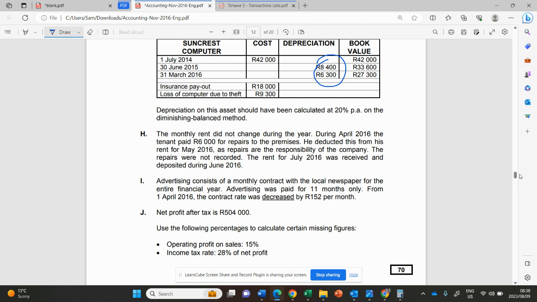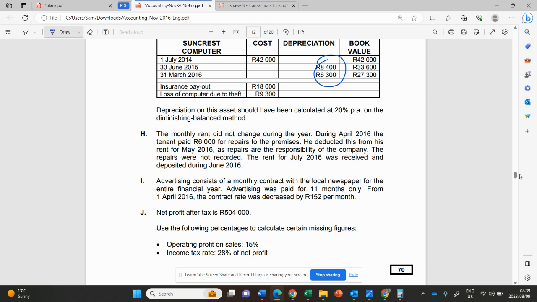Are we together? But if he deducted, it doesn't mean that he didn't pay the full amount. He paid some of the amount in cash, then some amount he paid by fixing. But the fixing part was not recorded.